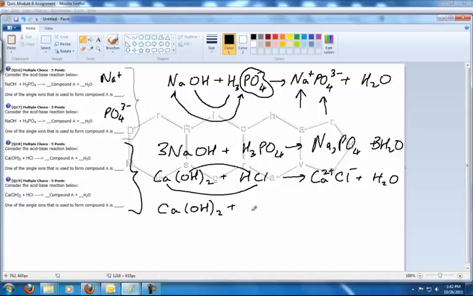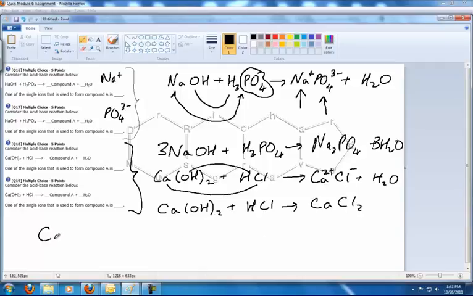So that'll be CaOH2 plus HCl will give CaCl2. So the question I was asking myself here was, if I've got Ca2 plus and Cl minus, how many of each do I need in order to get a balanced compound? Well, I've got 2 plus, which means I need 2 of these Cl negatives to balance it out. That's why it becomes CaCl2 here.